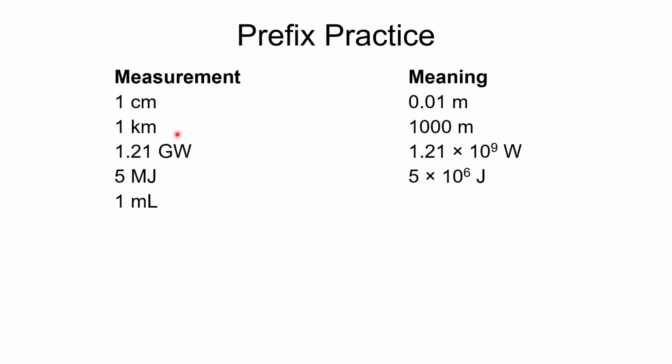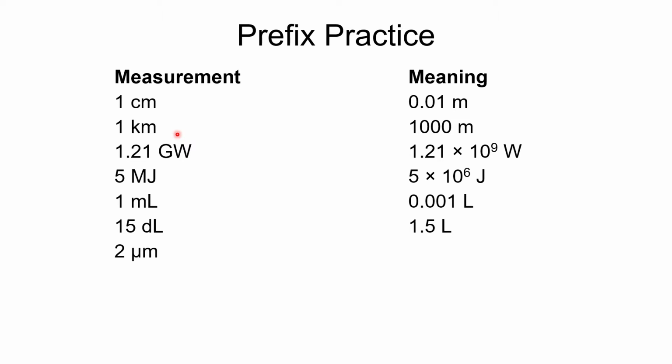Milli means 1/1000th, so that would be 0.001 liters. 15 dl, so d is deci, and deci is 1/10, so 15 tenths of a liter would be 1.5 liters.